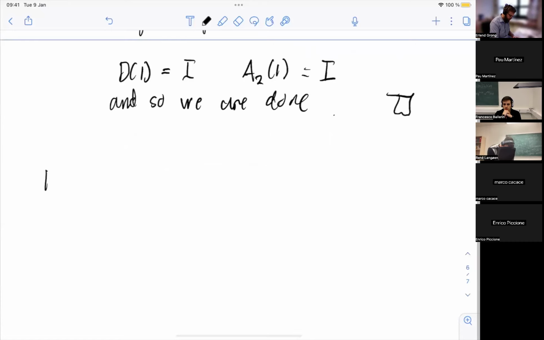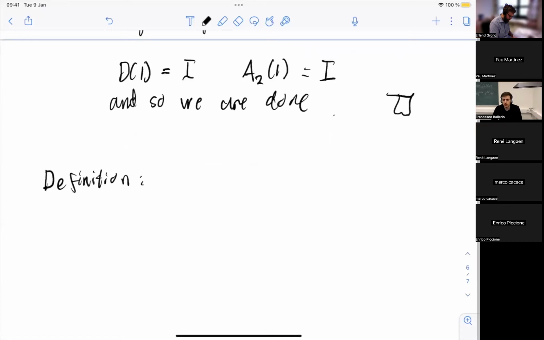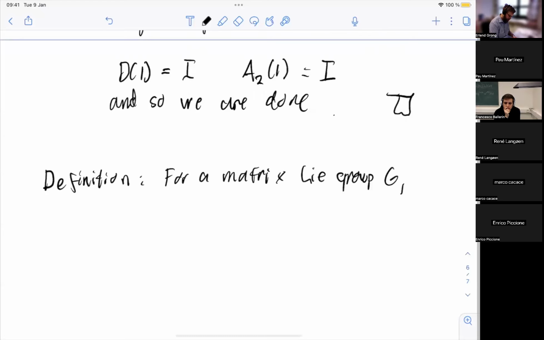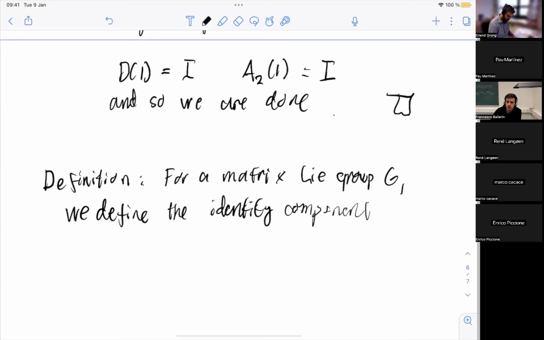I'll end by one short definition, for a matrix Lie group G, we define the identity component as G0.